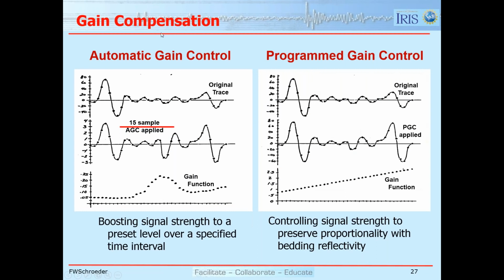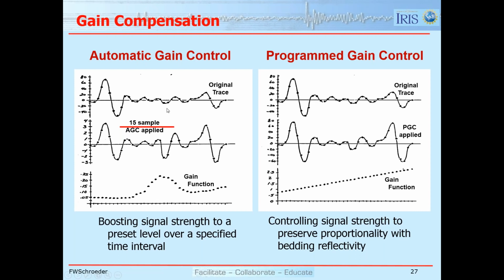One correction that is commonly used, it was universally used when I started back in the late 70s, is gain compensation. The simplest and most destructive in terms of preserving the true amplitude relation to reflection coefficients is called automatic gain control, or AGC.